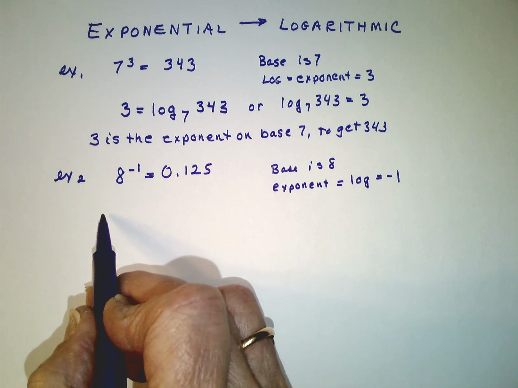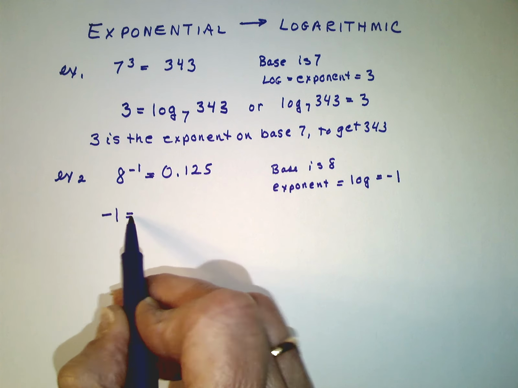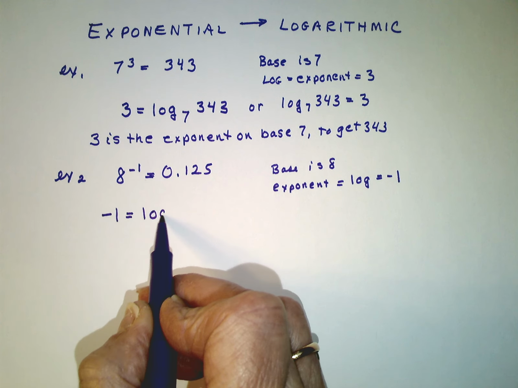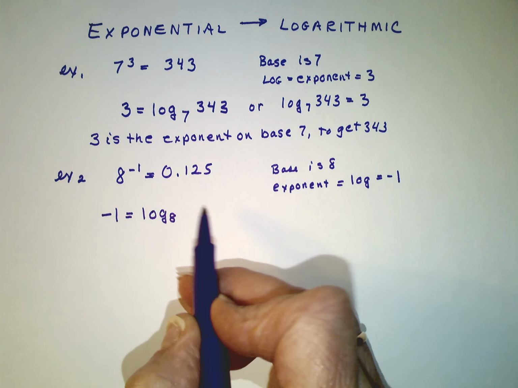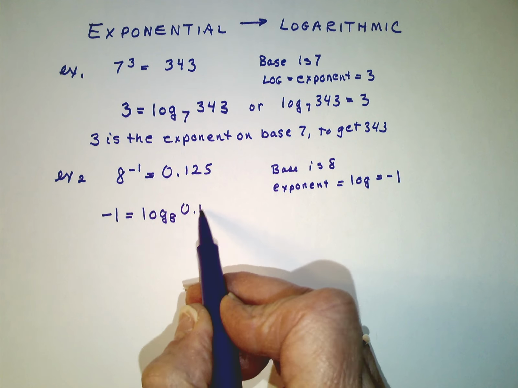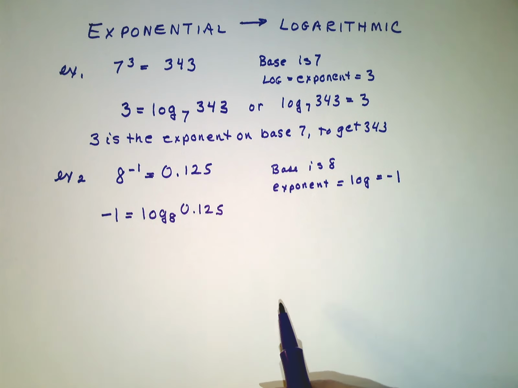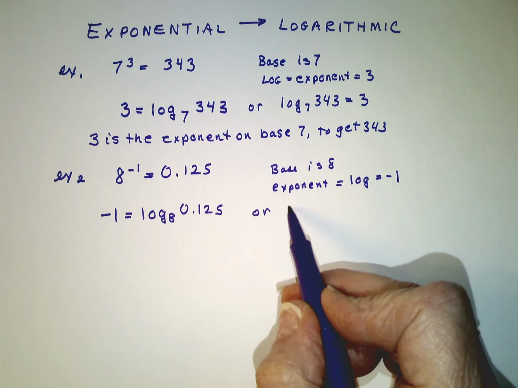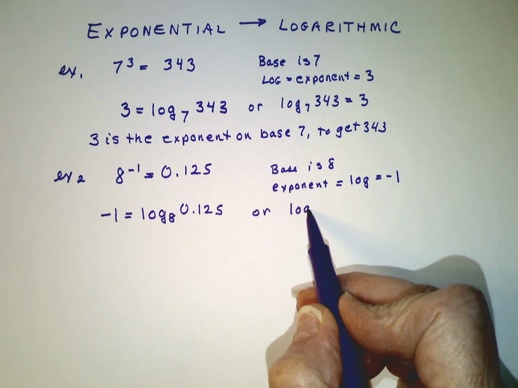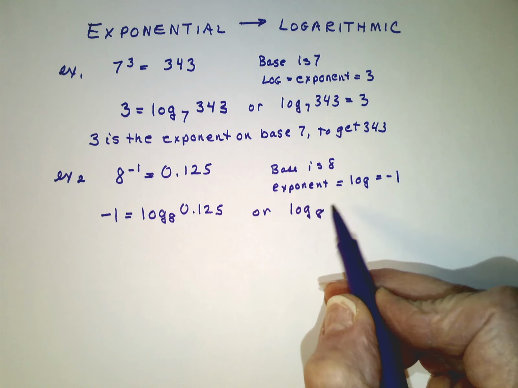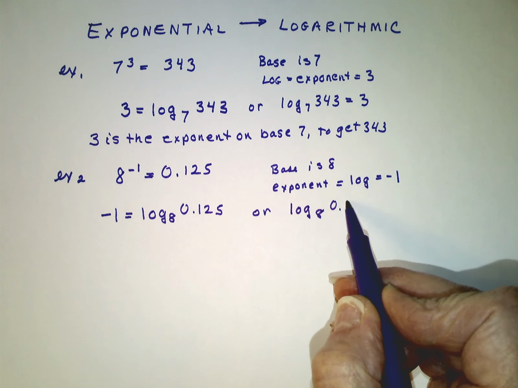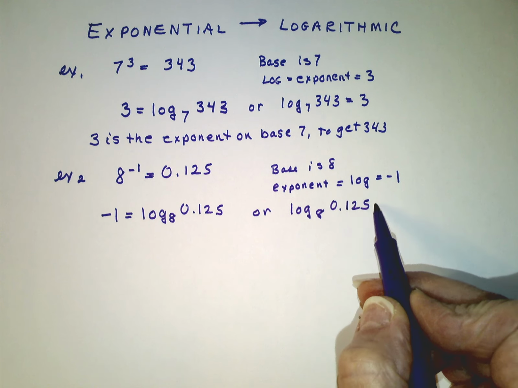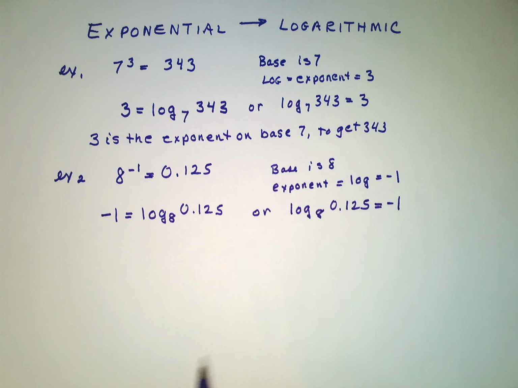So we can write -1 is the exponent on base 8 to get 0.125. Or we can reverse the sentence. The exponent we put on base 8 to get 0.125 is -1.